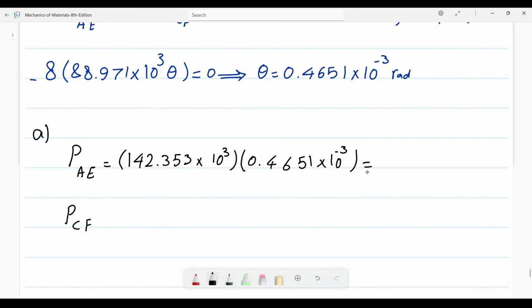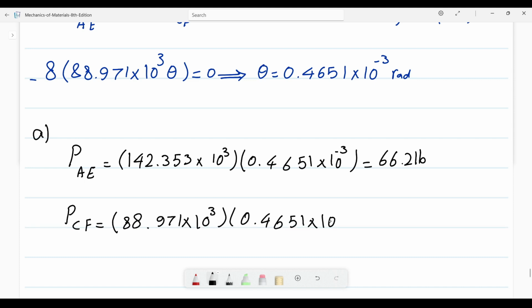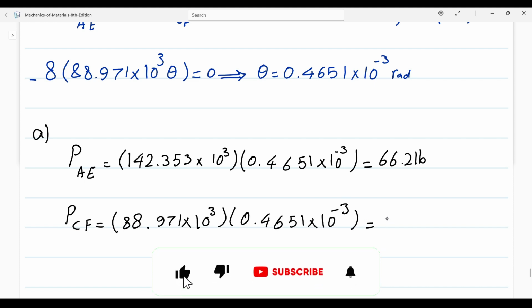It's equal to approximately 66.2 pounds. And for PCF, also we have 88.971 multiplied by 10 to the power of 3 theta, where theta is equal to 0.4651 multiplied by 10 to the power of minus 3. And PCF is equal to 41.4 pounds.